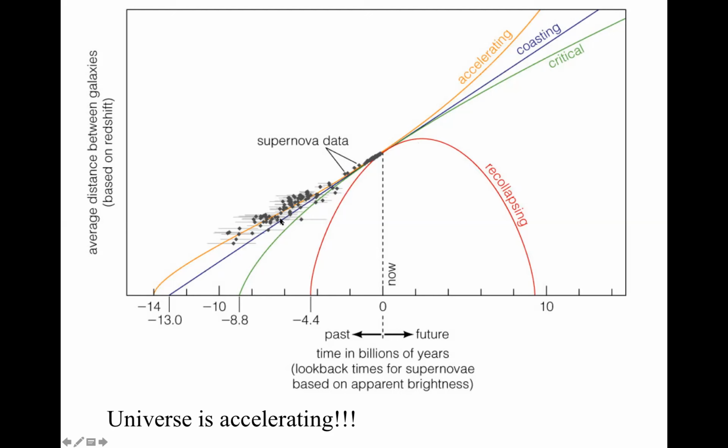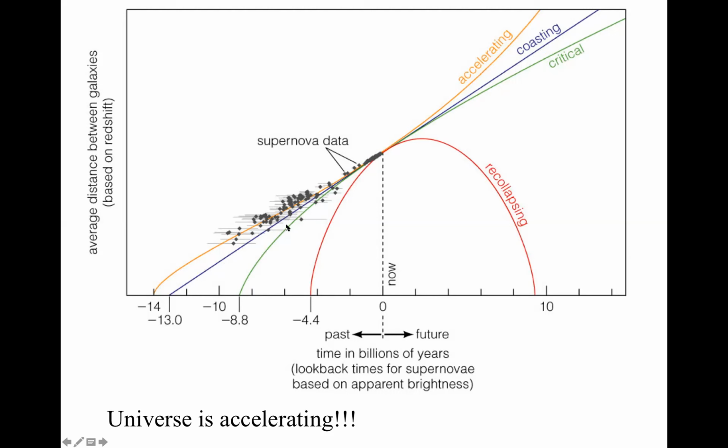The blue curve is one that has no matter in it at all and just expands at a constant rate for all time. The red one has omega greater than 1. This is a closed universe. This one will eventually recollapse on itself. And the green line is the critical universe. This is the flat universe. We know that our geometry must be this.